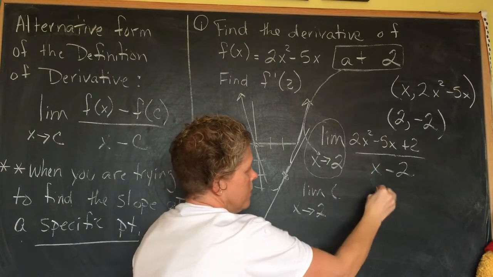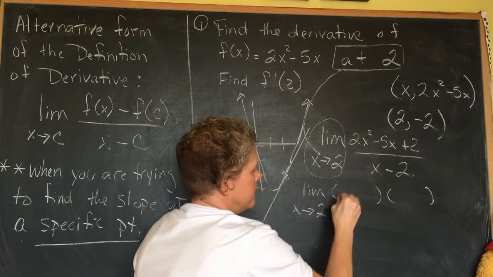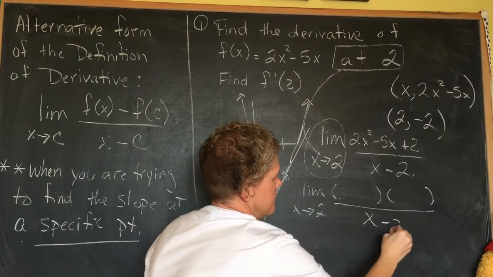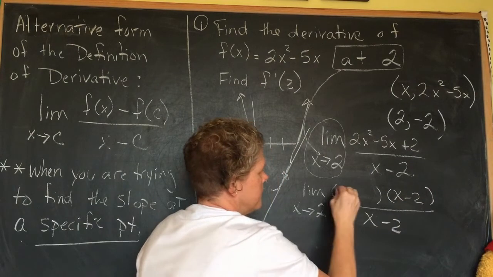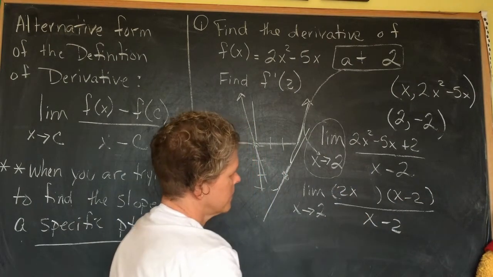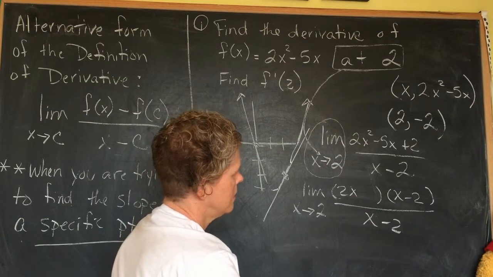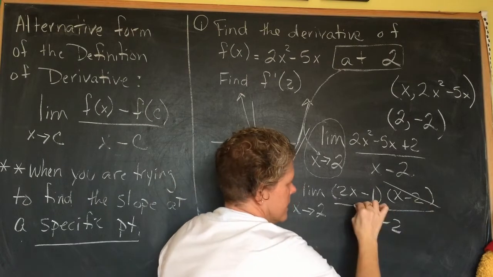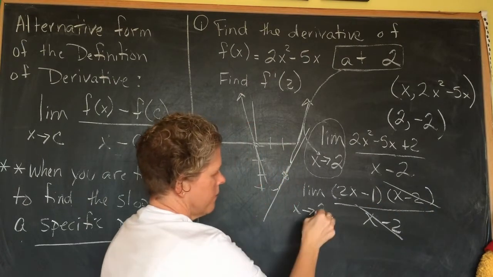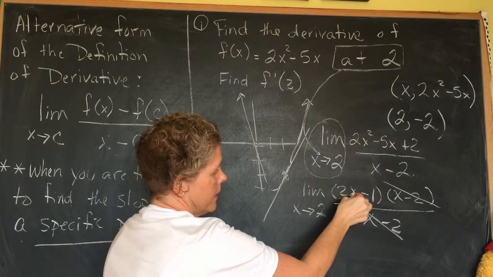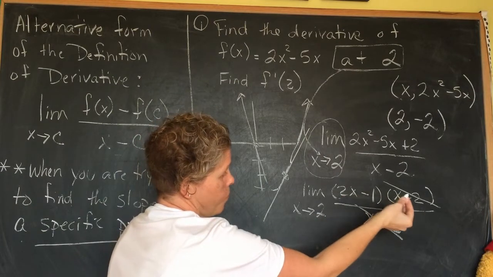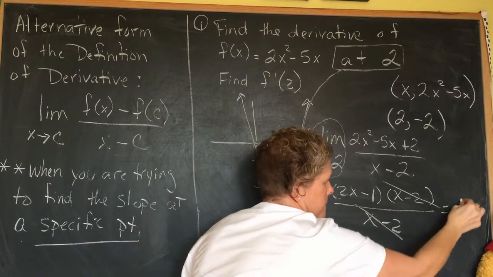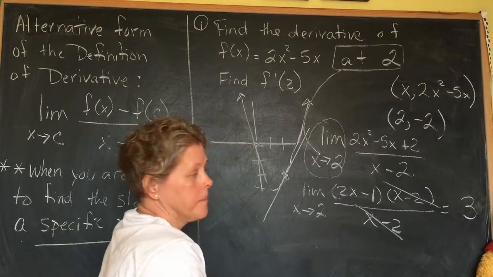This is factorable. That gets me 2x minus 1. So that cancels. If I plug 2 now into here, now I can get an answer. So I get 4 minus 1. I get 3.